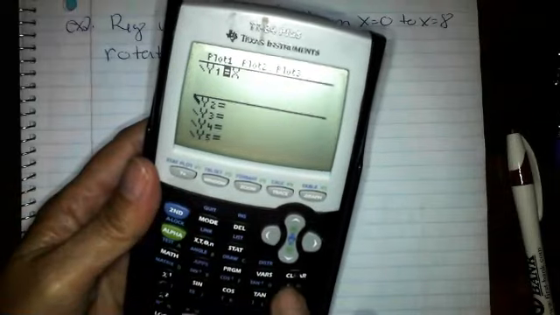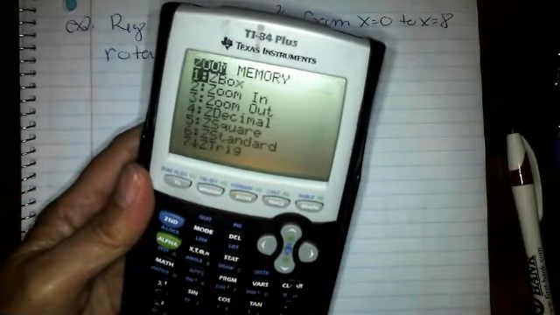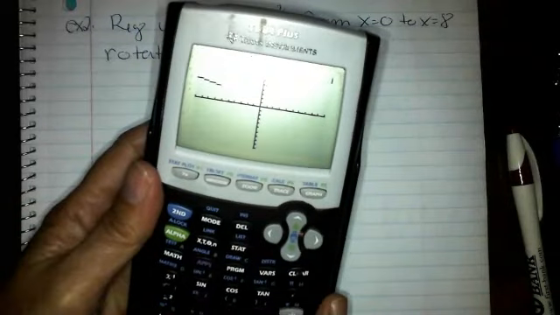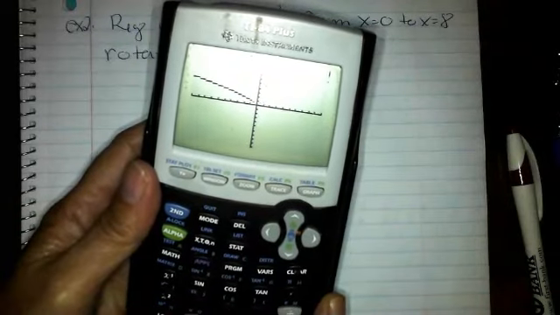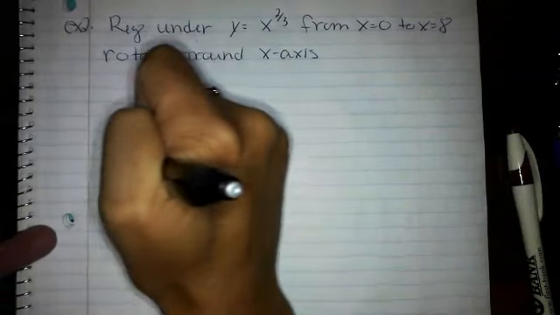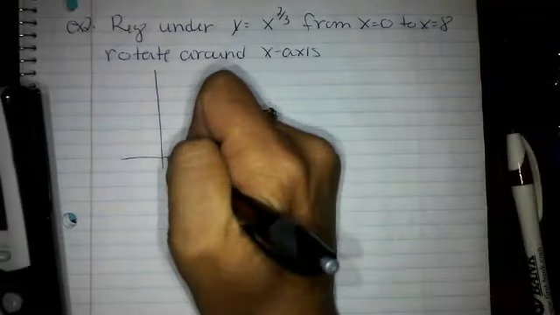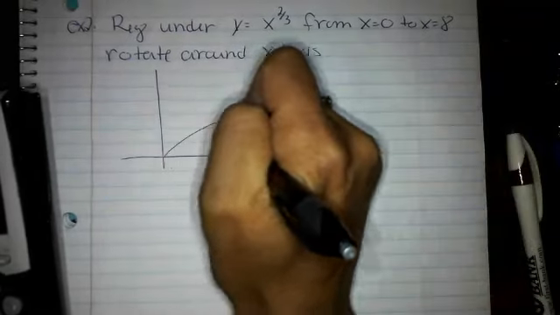Just x to the 2/3. Okay. And I only care about from 0 to 8, so I'm just going to put this branch in.